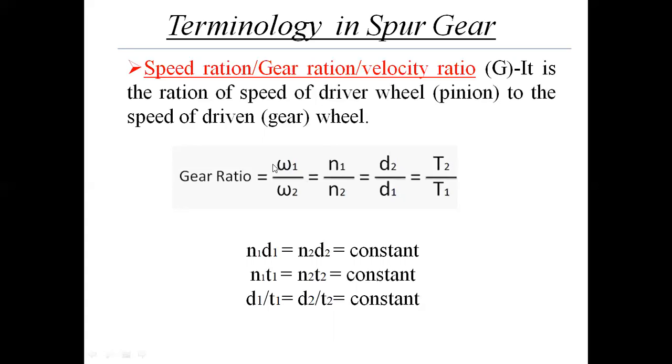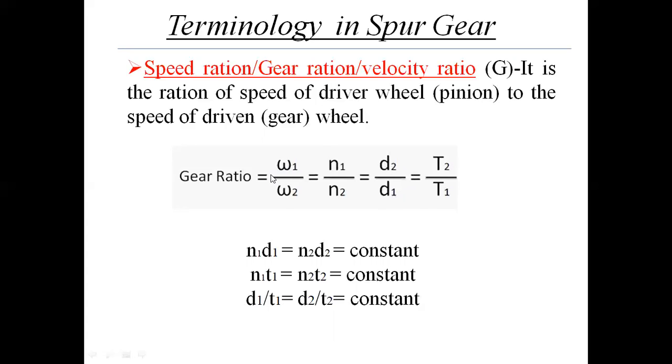So omega 1 by omega 2 is equal to the diameter of driven to the diameter of driver, which is equal to the number of teeth on the driven wheel to the number of teeth on the driver wheel, T2 by T1.